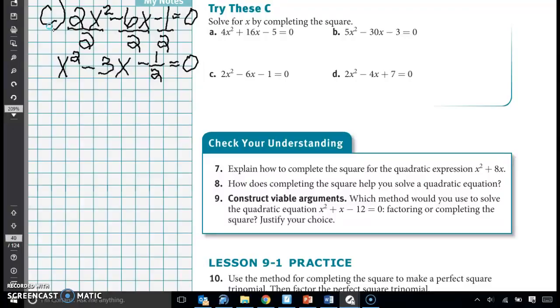Step 2 tells us that our constant on the end needs to get moved to the right. So on the left side we have x squared minus 3x equals 1 half.